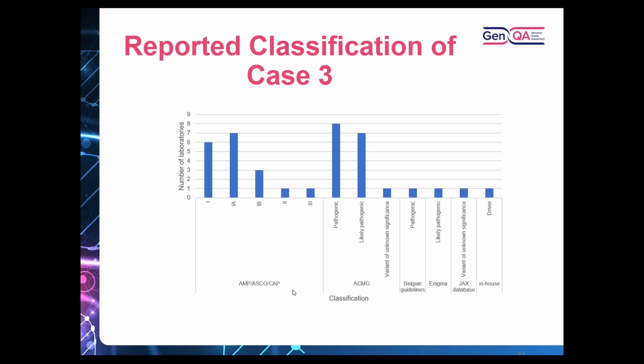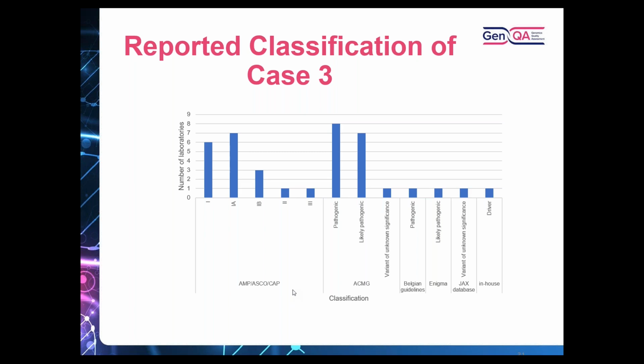One laboratory reported it as a tier 2. Again, we did deduct marks from this laboratory for that classification. However, we did not feel it was clinically as severe, because tier 2 is about eligibility for clinical trials and the like, and we didn't think that warranted a critical error.